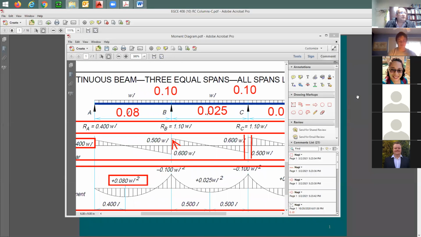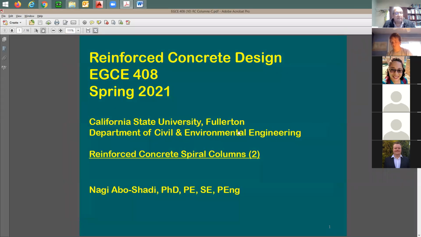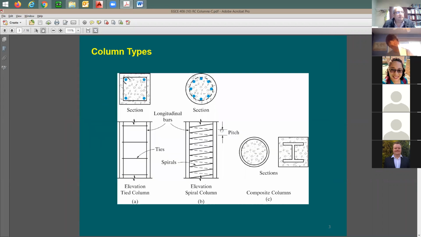Now let's continue with today's lecture, which is about spiral columns. I guess we know the difference between tied columns and spiral columns. Spiral columns are going to show higher performance because the spiral contains all the concrete.